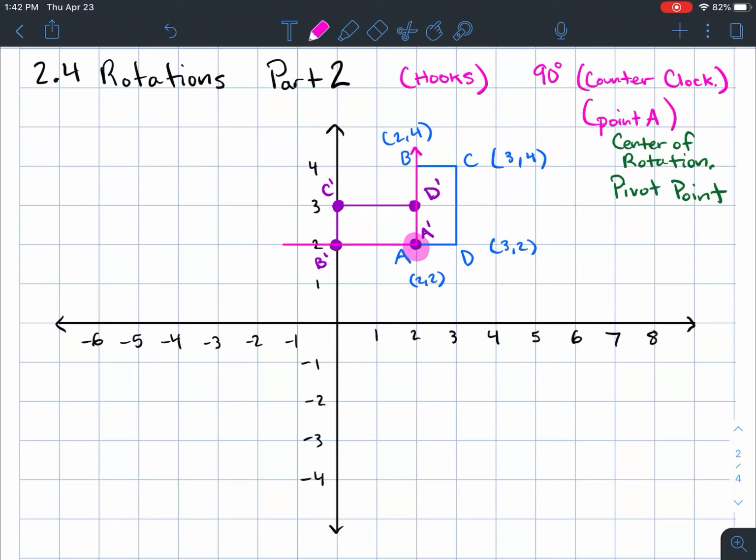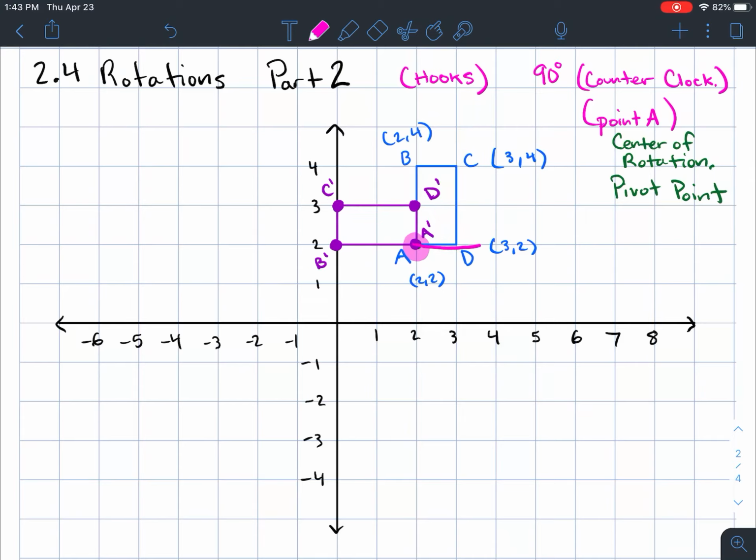And now 90 degrees, it's going in this direction. So you can clearly see the 90-degree angle there. C, if I drew a line from that center of rotation to its original and its new position, then you can see that there's a 90-degree angle created there as well.